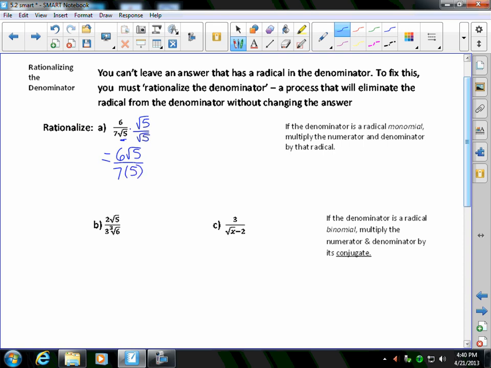Okay? If you're confused what I did here, square root 5 times square root 5 equals square root of 25, which is just 5. So that's the long way of doing that. The short way is just to think, I'm getting rid of my radical and keeping the value inside. So this then equals 6 square root 5 over 35. And then that answer is done.